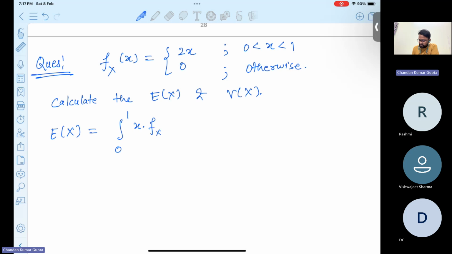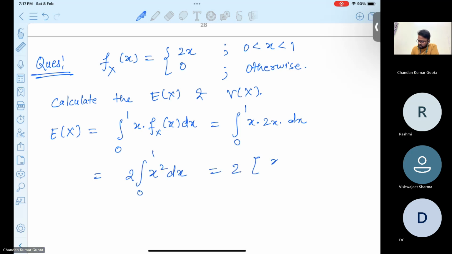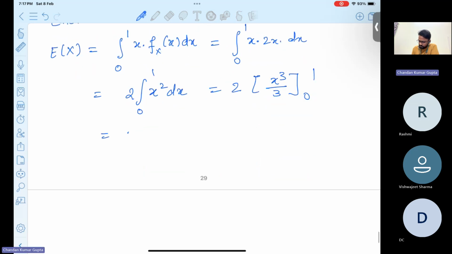Integral from 0 to 1 of x into f(x) dx, which is x into 2x dx, which is 2 times x square dx, 2 times x cube upon 3 from 0 to 1. Twice 1 by 3 comes out to be 2 by 3. Okay, the expected value of X comes out to be 2 by 3.